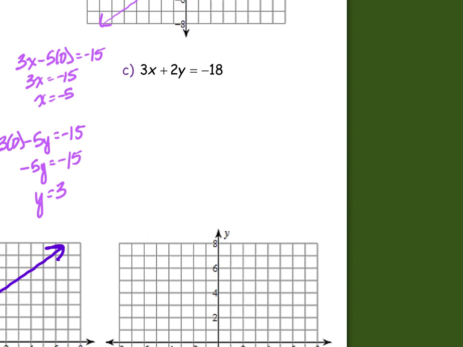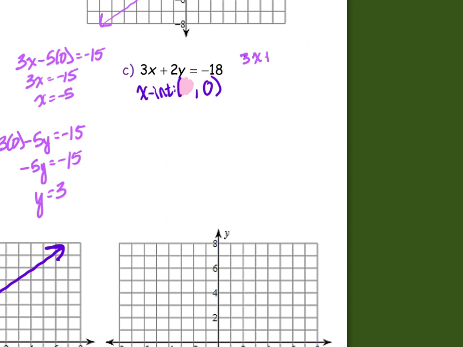Okay, here we go. So I want to find the x-intercept. So I've got 3x plus 2y. Oops, not 2y. Sorry.